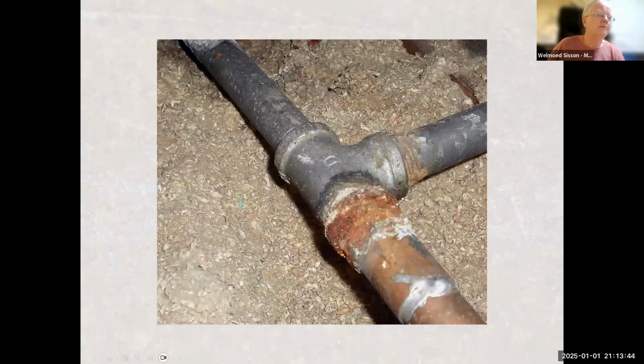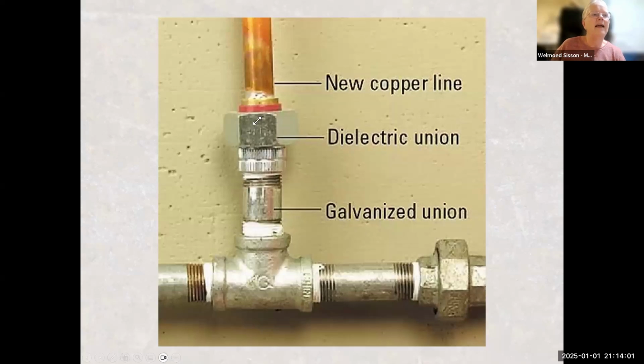Here's more corrosion. If you connect copper to steel, you're going to have what's called the galvanic response. Two different metals become very active electrically and build up this corrosion. To prevent that, you need the dielectric union. What that does is it breaks the flow of electrons between the copper and the dissimilar metal.